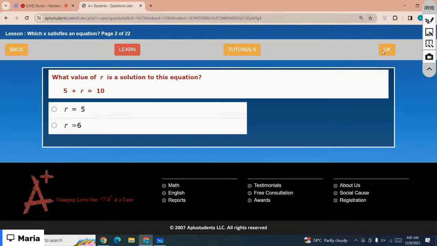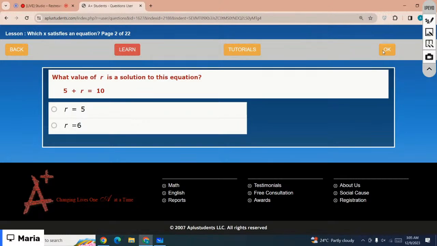Okay, what value of r is the solution of the equation? Which is the correct option? It's okay, that is a quick revision for you. 5 plus r equals 10. Very good.